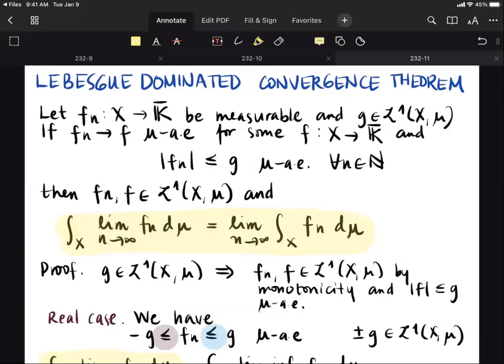So this dominated convergence theorem is very useful, and it can be used to prove other properties. For instance, interchanging integrals and summation, or infinite series to be precise. Even interchanging derivatives and integrals under suitable conditions on your integrand.